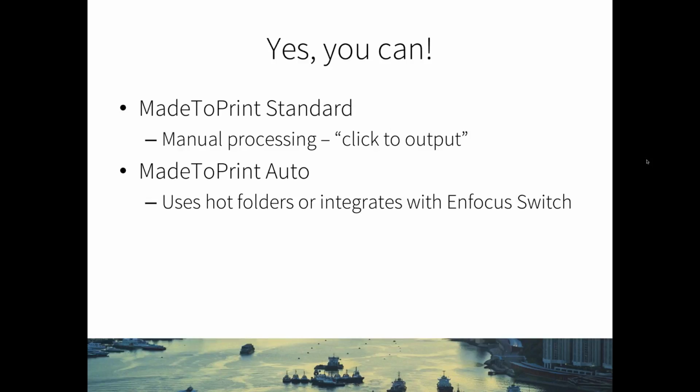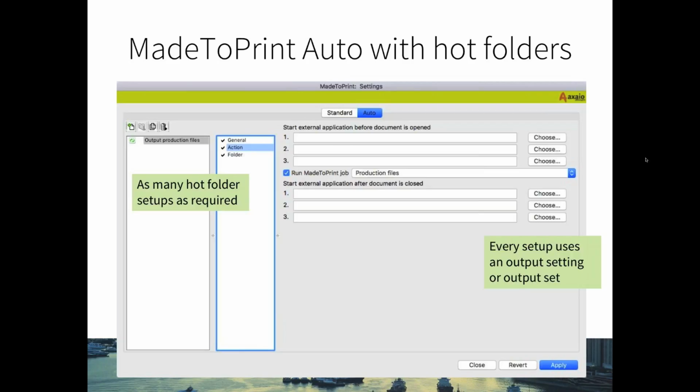However, there is also a version of MadeToPrint that is called MadeToPrint Auto, and in MadeToPrint Auto, we use hot folders, and there can be an integration with automation systems such as Switch. Hot folders, how? Well, by setting up for a specific input and output folder what action is going to be done.